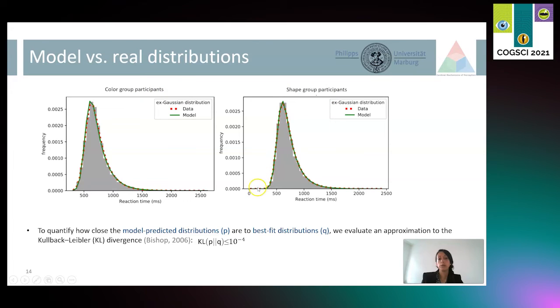And as you see, the model predicted one, in green, is very close to the real one and fitted well on our reaction time database. To quantify how close the model predicted distributions are to best fitted distributions, we evaluated KL divergence, and it returns very small numbers.